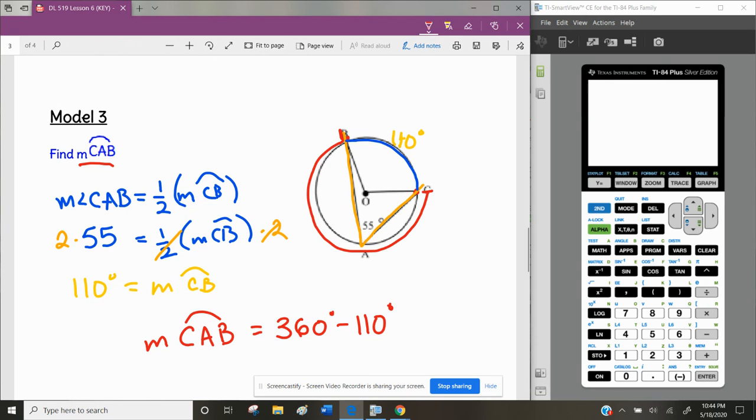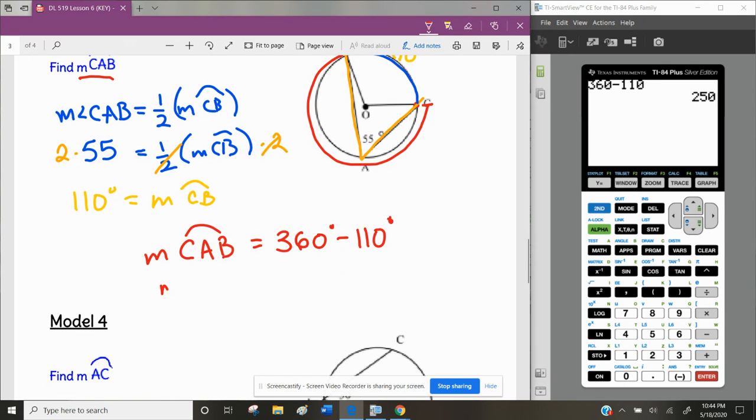And so 360 minus 110 is 250 degrees. And it looks like it's more than half a circle, so that makes sense that it would be bigger than 180 for model number 3.